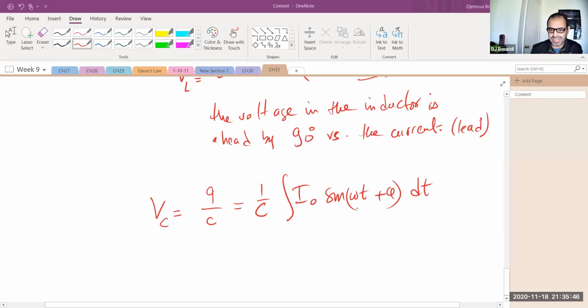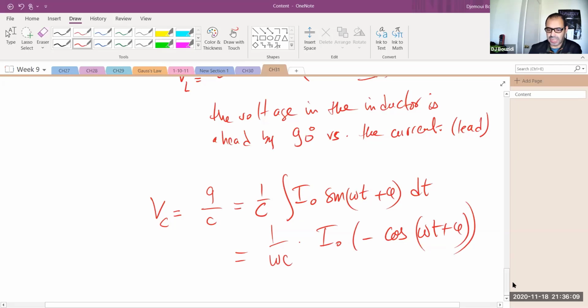But don't forget I have to pull the 1 over omega, because this is the integral over dt, so I need to do a change of variable to omega t. So this expression becomes 1 over omega C times I naught, which is a constant, and the integral of a sine is, as you noted, a minus cosine of omega t plus phi.